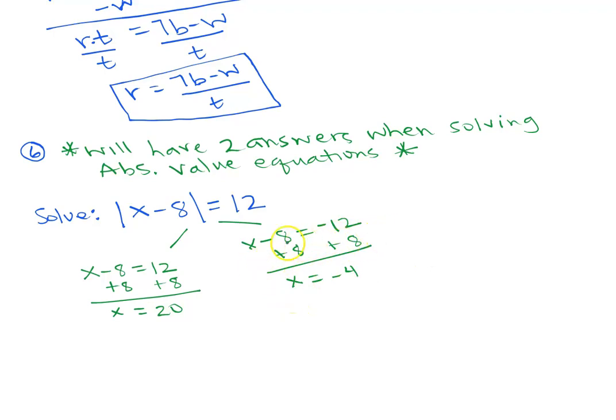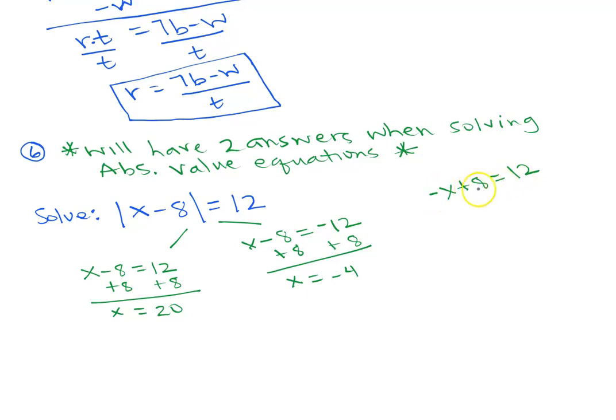Now, on some of the videos, on this second equation, they sometimes show you to distribute the negative number on the left side. And if they did that, then you would have negative x plus 8, right? You have to change both of those signs. And then you would leave the right side alone. I don't like doing this because it's just easy to forget to change one of those signs.